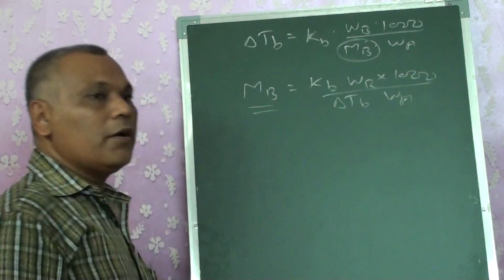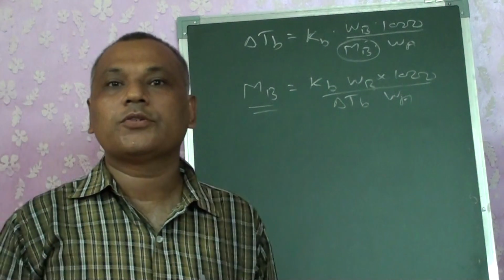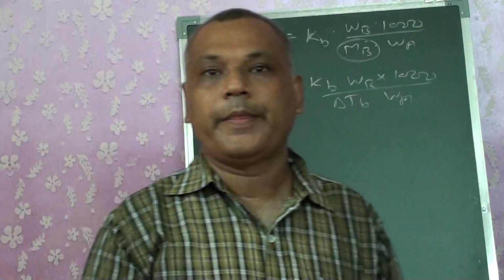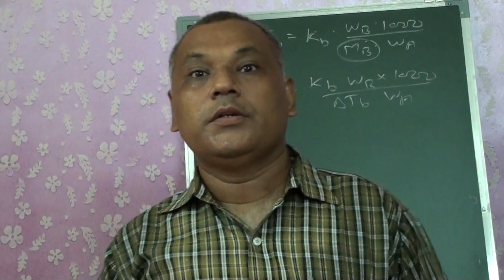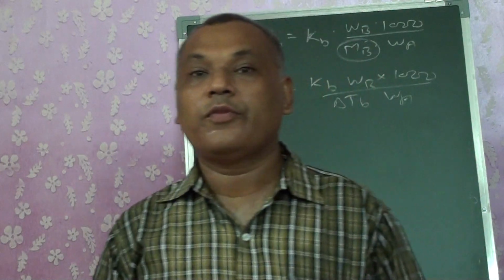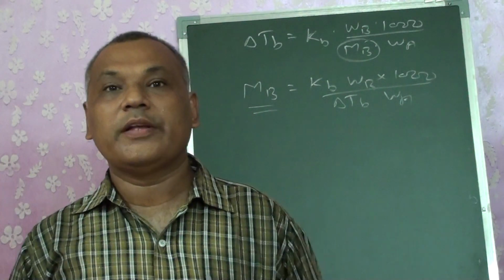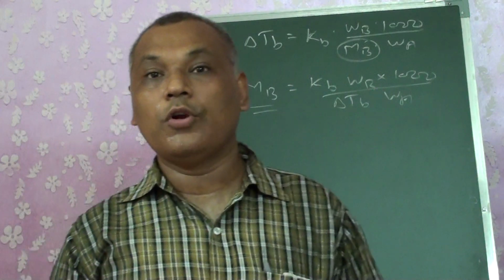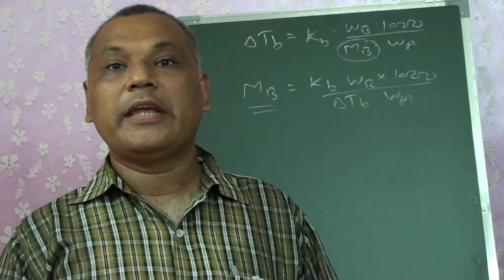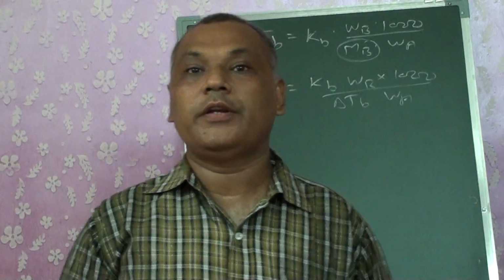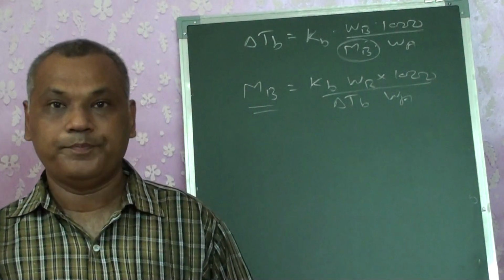That will help me calculate the molar mass of the solute. So colligative properties are ones by which the molar mass of an unknown substance can very easily be calculated.